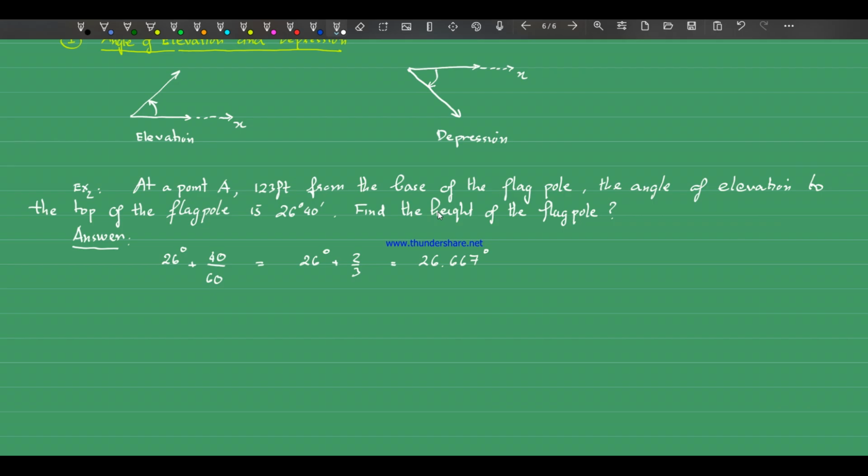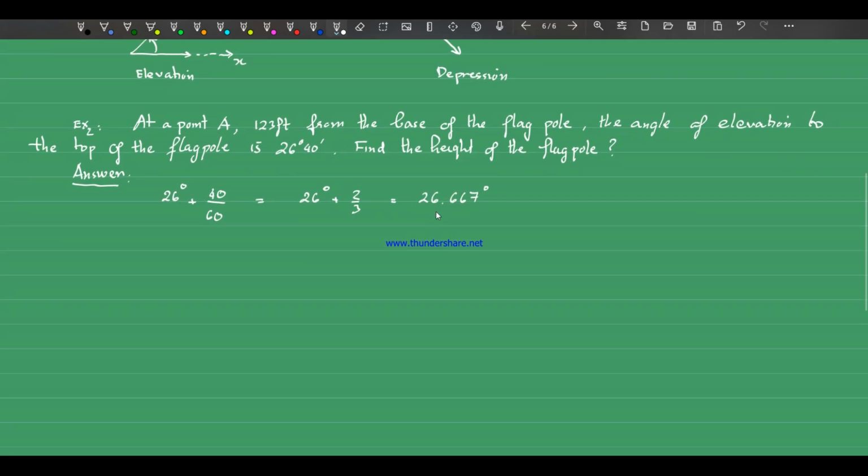So now we're gonna go ahead and draw the picture. Point A over here. The flagpole right here. Okay, so there's a flagpole. And over here, it says 123 feet from the base of the flagpole. So this is the base. So from here to here, 123 feet.